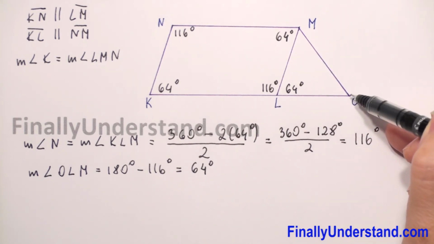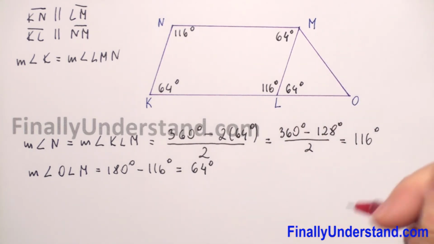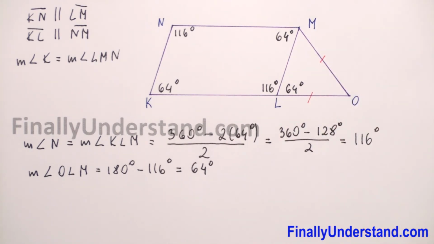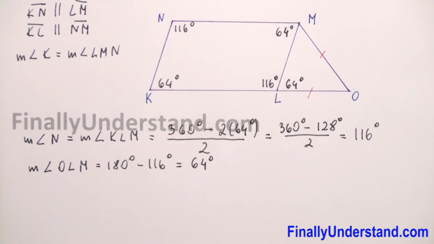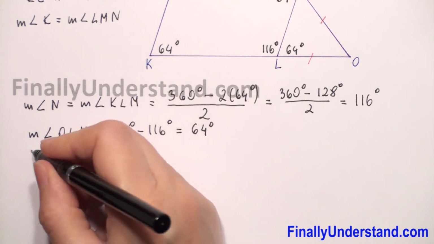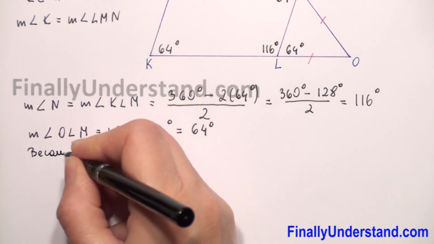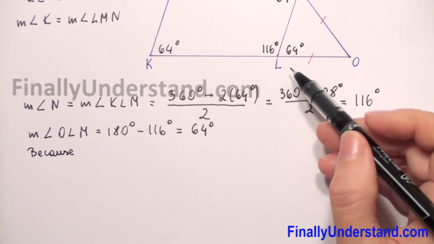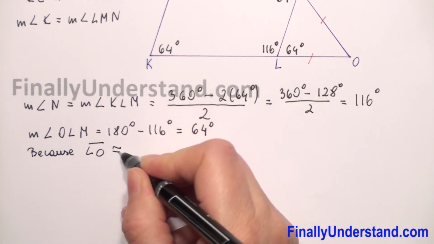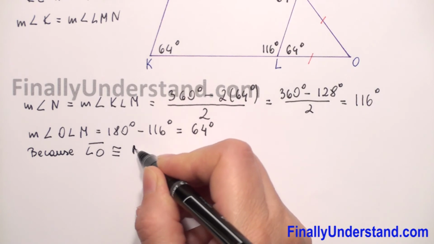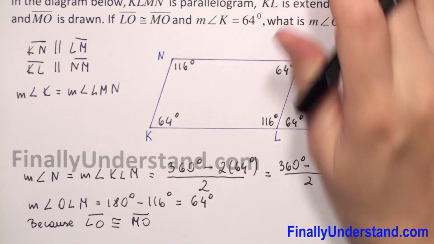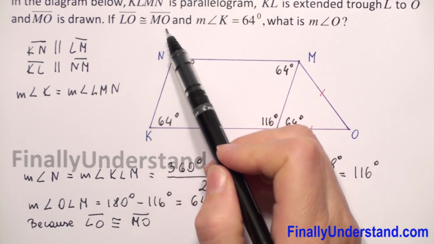We are also given that segment LO is congruent to MO. These two segments are congruent, so they are equal. We have been given this information: segment LO is congruent to MO.